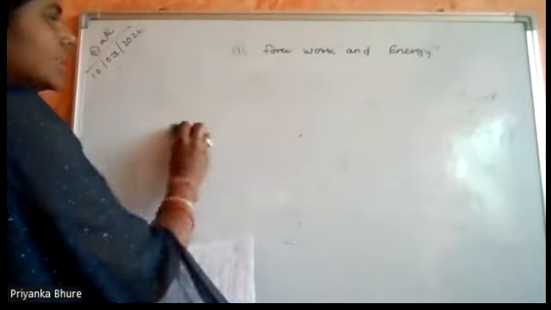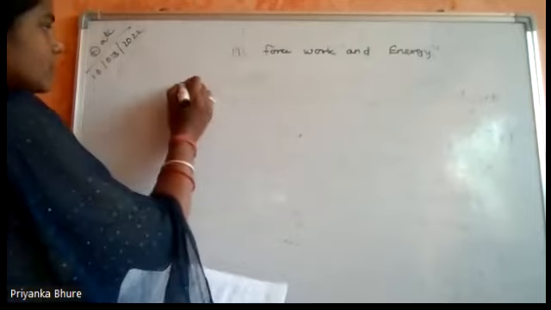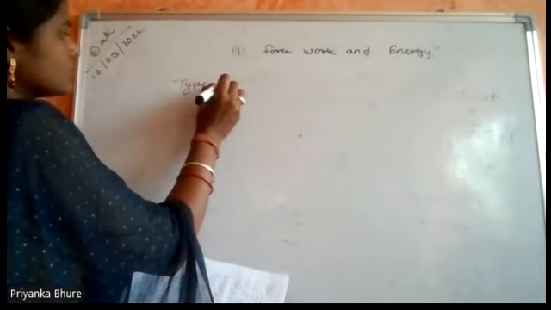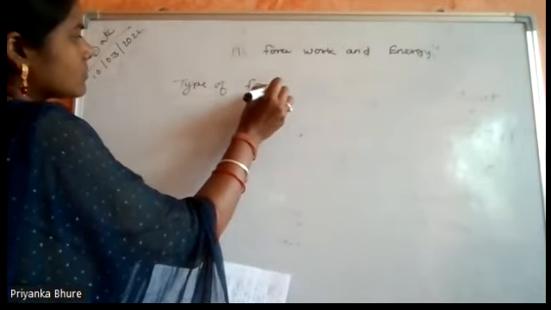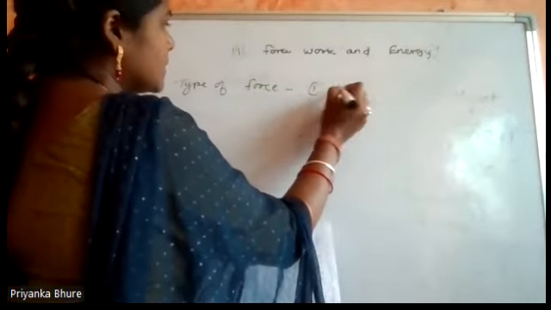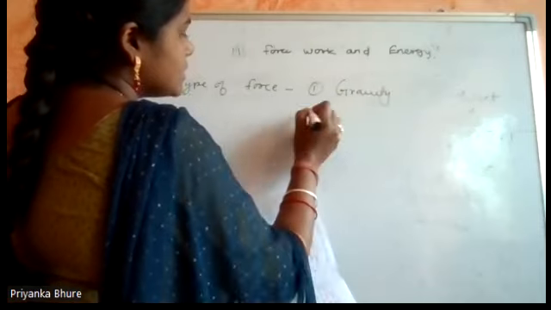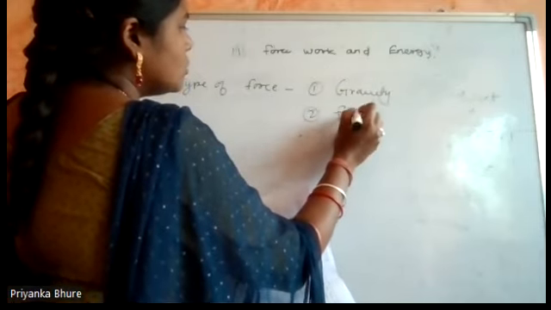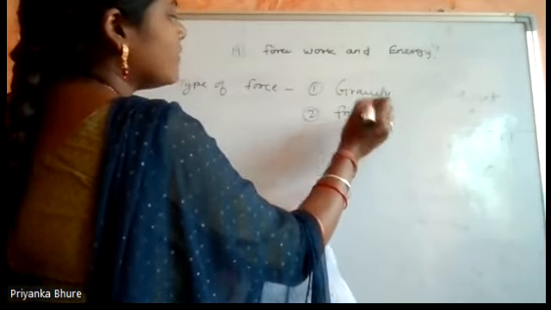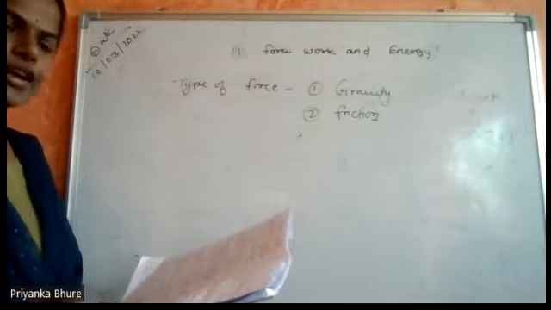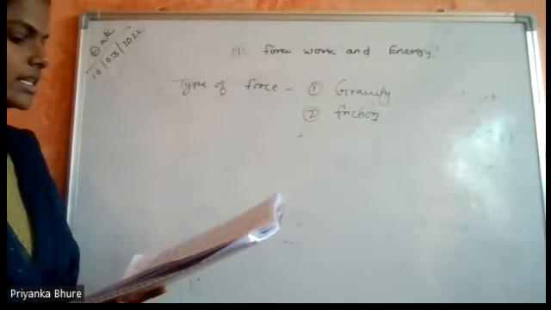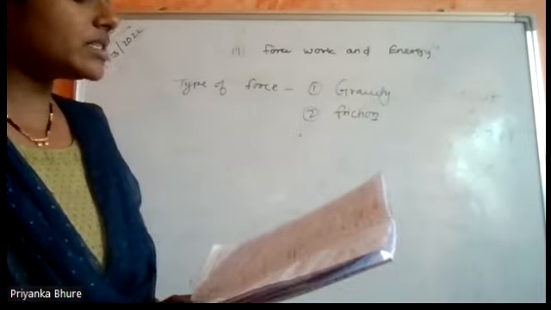Next, we have the types of force. The first type is gravity, and the second is friction. Now, what do we mean by gravity and friction? Gravity means the force that pulls objects downwards towards the center of the earth.